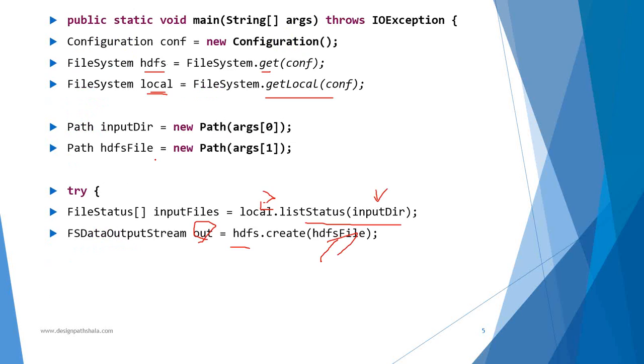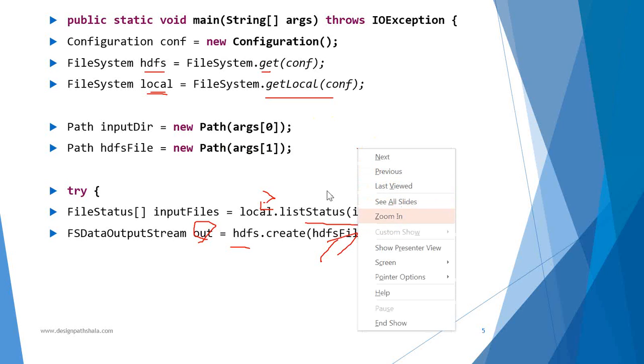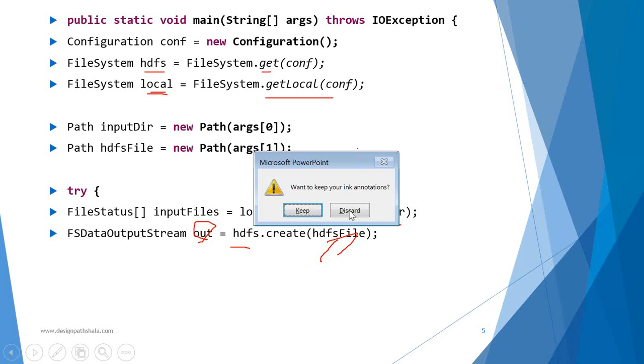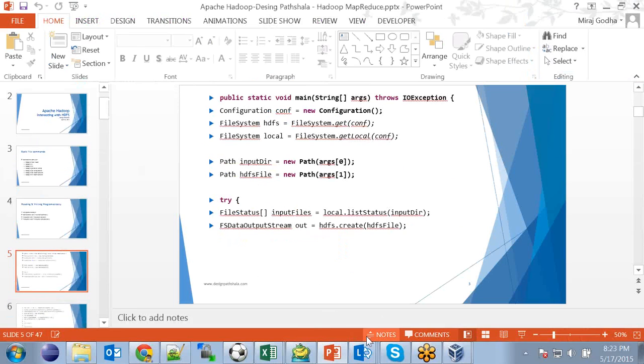I'll tell you how to run this Java code, but not in this class because most of you are not on your laptops. I'll tell you in the next class how to use the Java code to interact with the file system. But okay, let me run it locally on my PC at least. That will give a little glimpse of how to communicate.